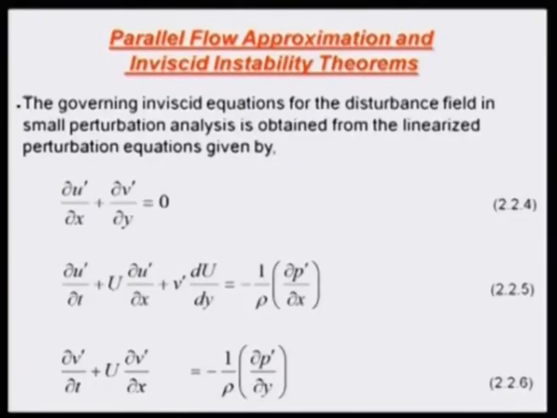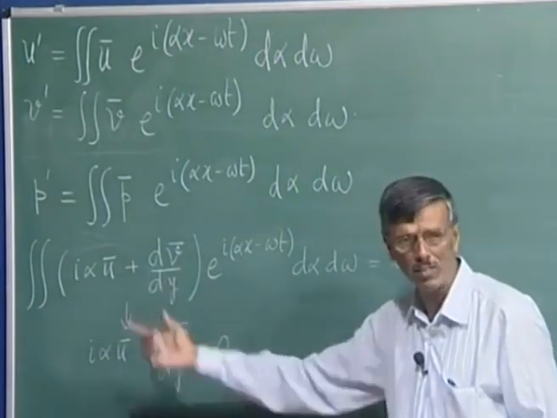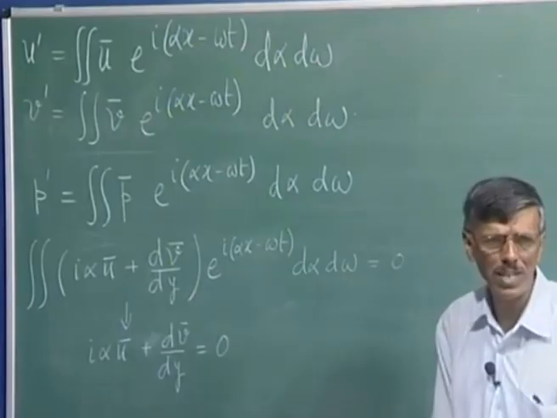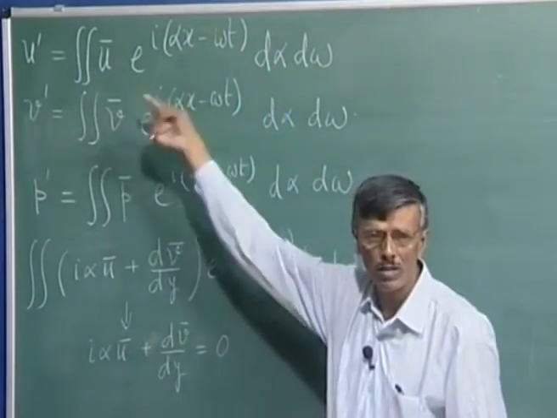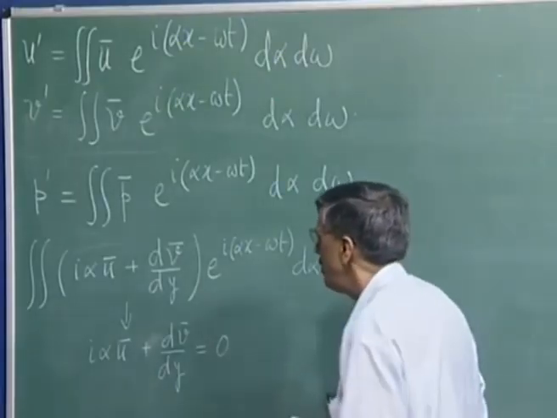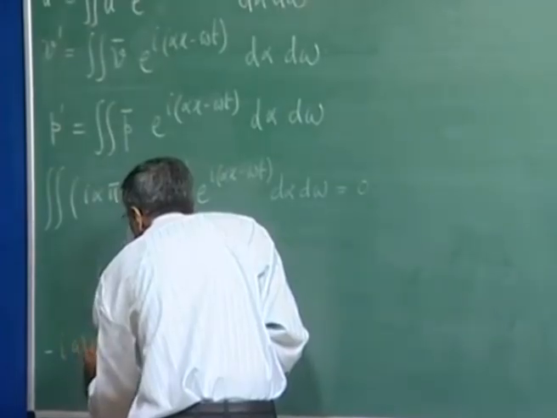What about the momentum equation? If I do it, what do I get? From now on, I'll just simply be worrying about the kernel of the integral, right? So del u prime del t will give me what? Minus i omega u bar.